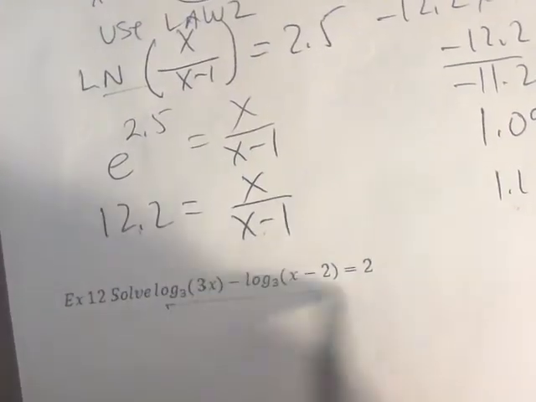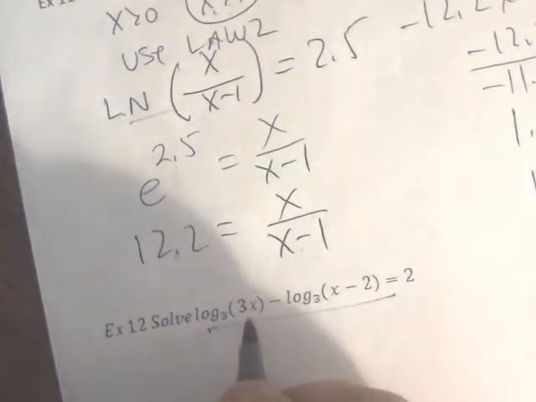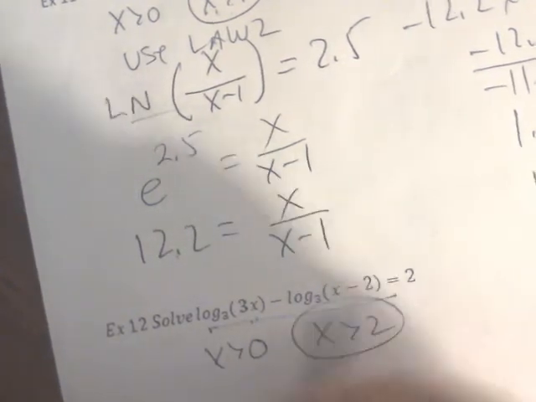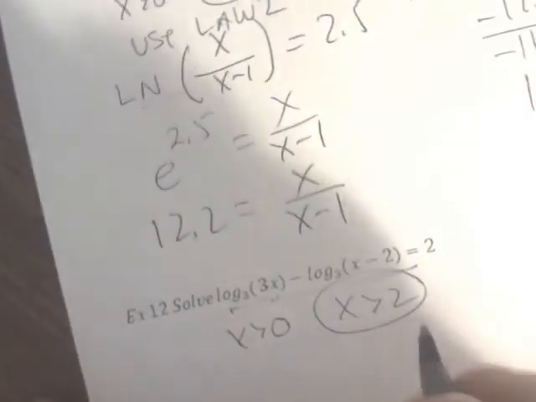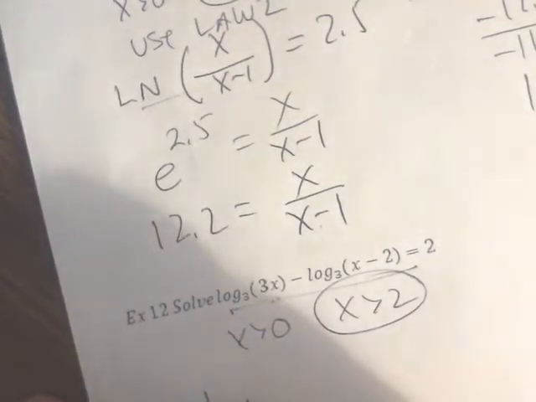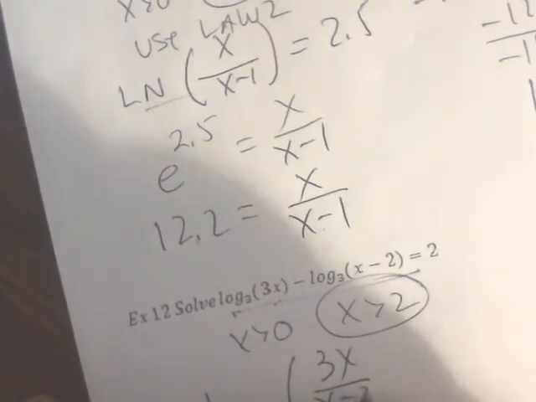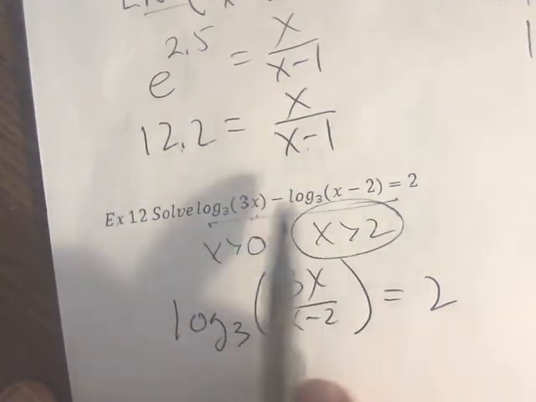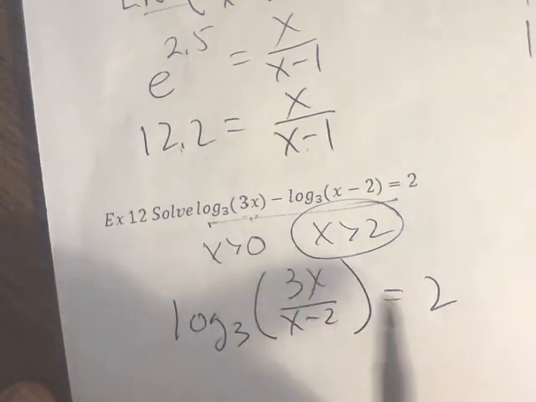Last one, law 2 again. My domain here, even though it's 3x, my x has to be greater than 0. X must be bigger than 2, so that's what I need to satisfy my solution. So I use my law 2 to change this from a difference of 2 logs to the single log of a quotient.